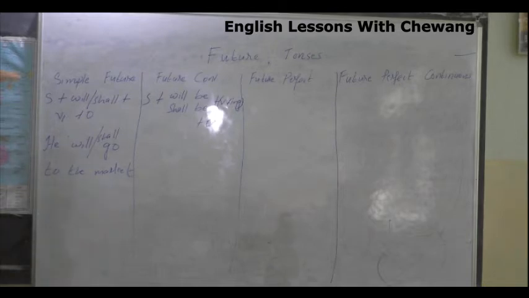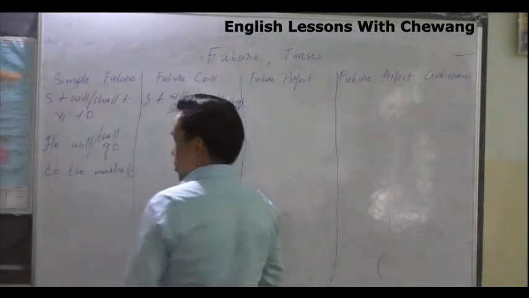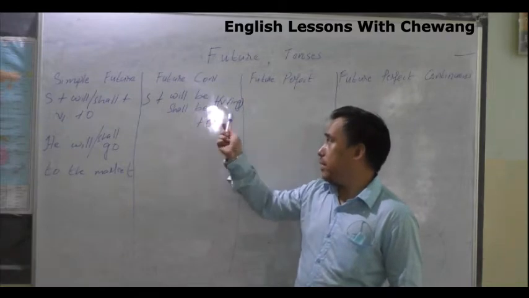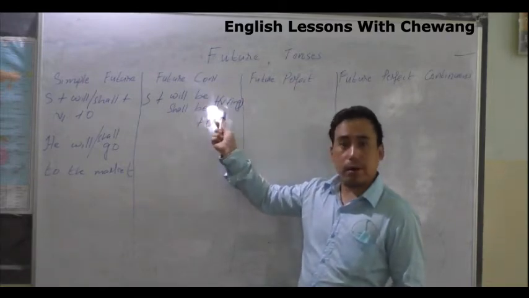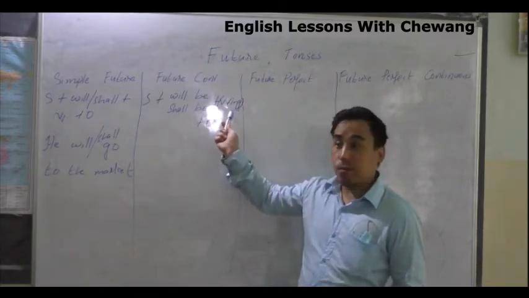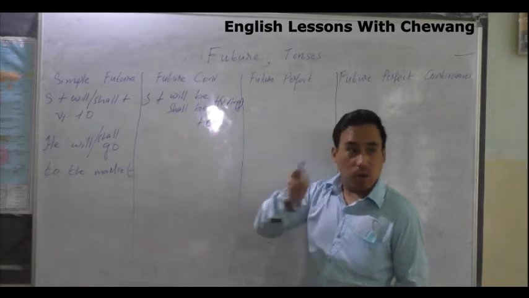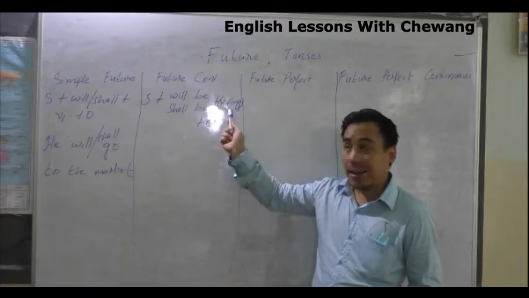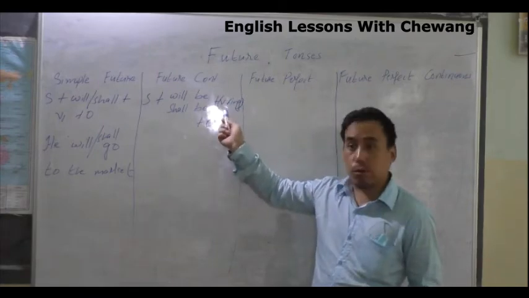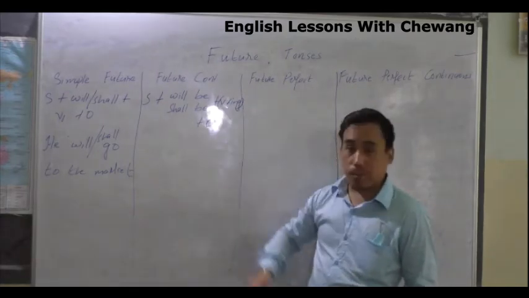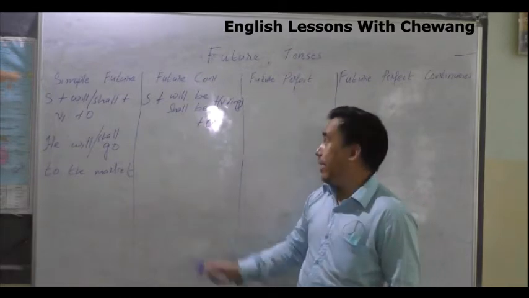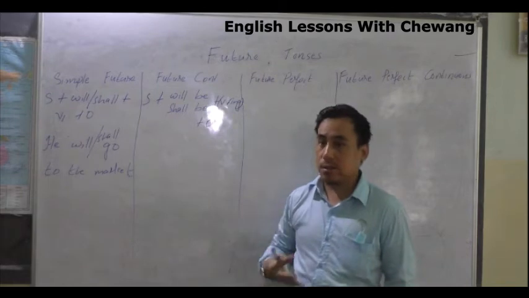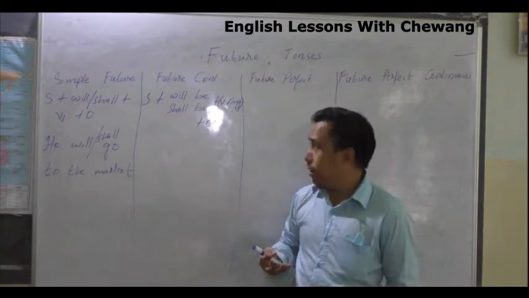I will be going to the market. I shall be going, remember, verb in ing, right? Go, going. So we add ing. In every continuous, there will be verb in ing. Or there is a verb in ing, means continuous. Ing basically means continuous. Okay, alright.